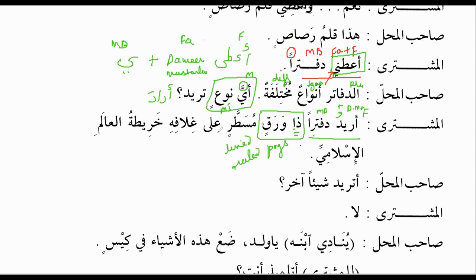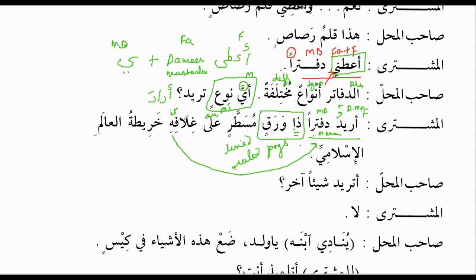Ala ghilafihi, on its cover. So this damir is referring to the daftar, notebook, and this is a male noun, and that's why this one is male, referring to daftar.